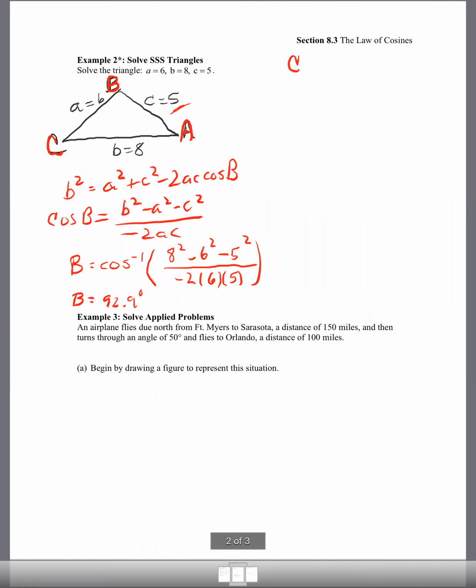Since angle C is the smallest angle for this triangle, we're going to use the law of sines. And so I know that I'm going to be interested in C. So the sine of C is across from side C, which is 5. I just calculated the angle for B. So how about the sine of 92.9 divided by 8.